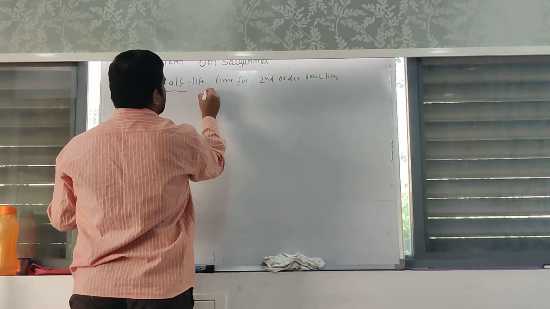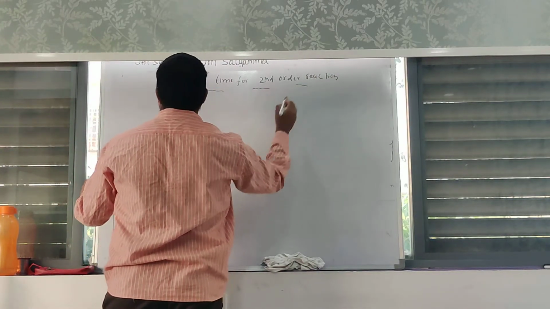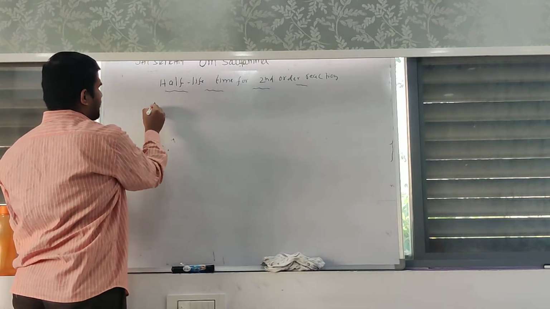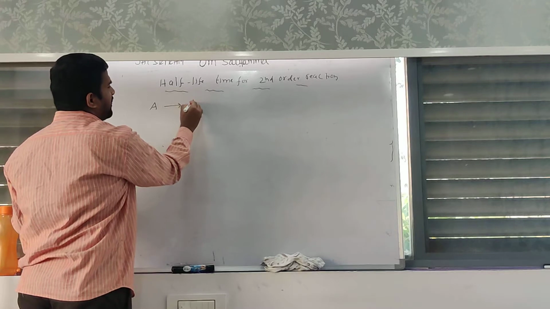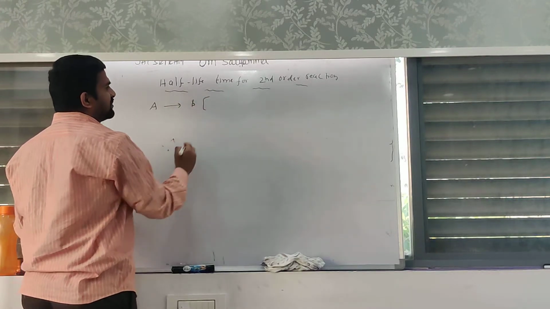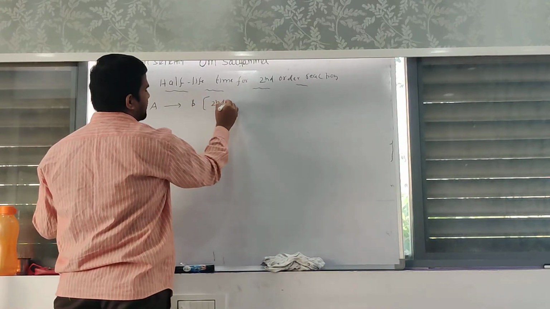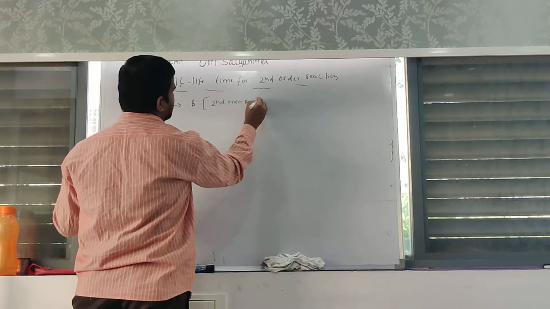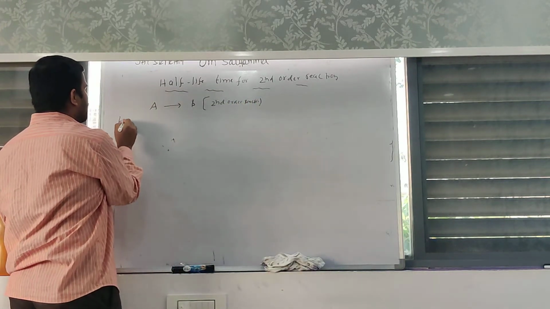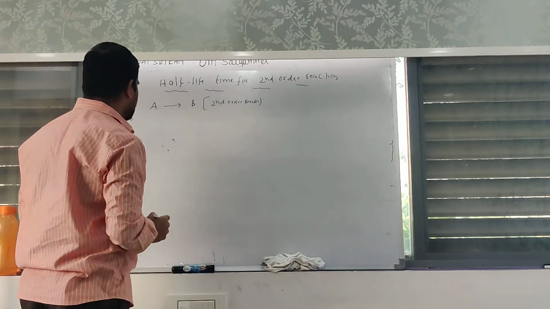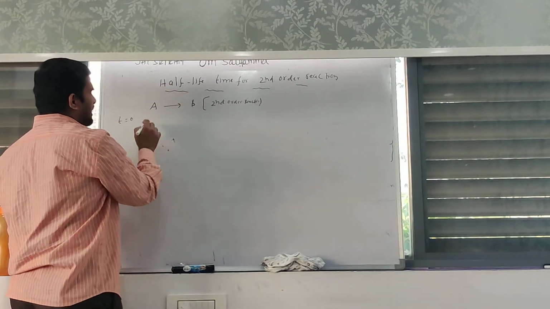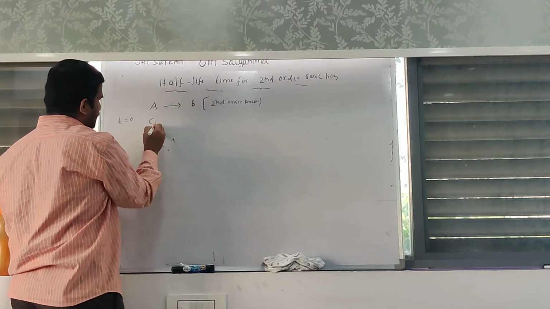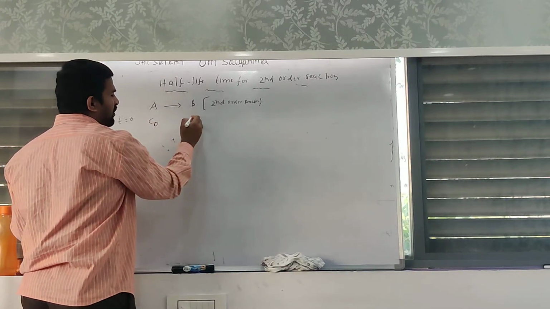I can take one hypothetical reaction, A gives rise to B. Just assume this is a second order reaction. At time t equal to 0, the reaction does not start, so the concentration of A is just assumed to be C0. Products are not formed.